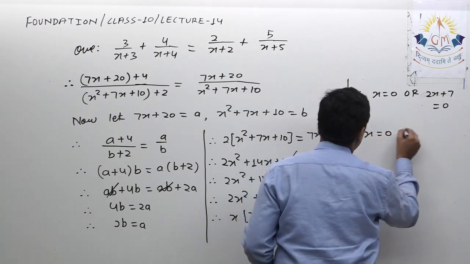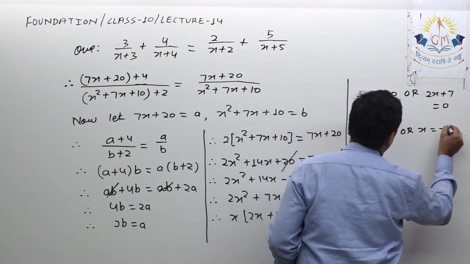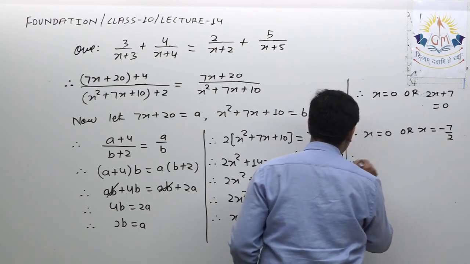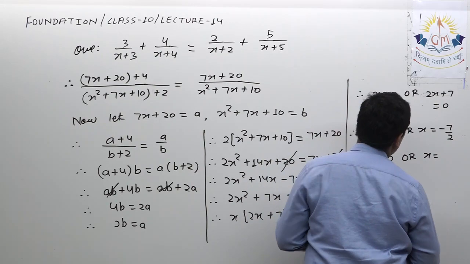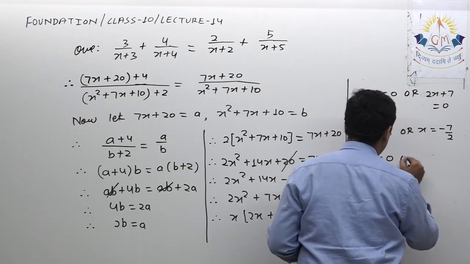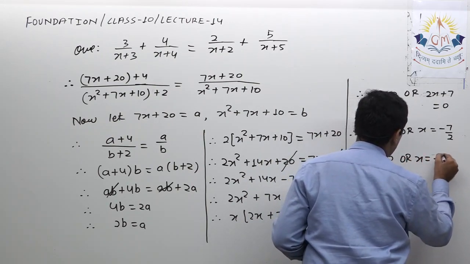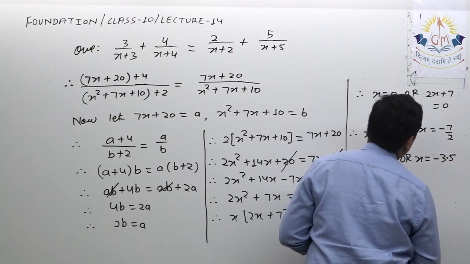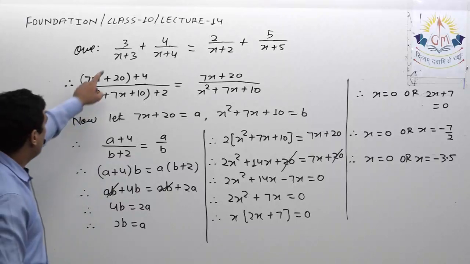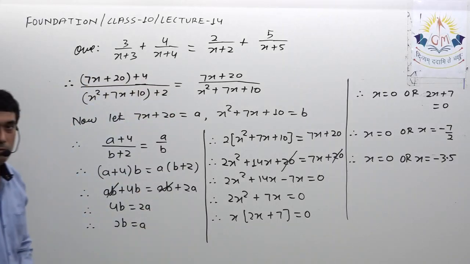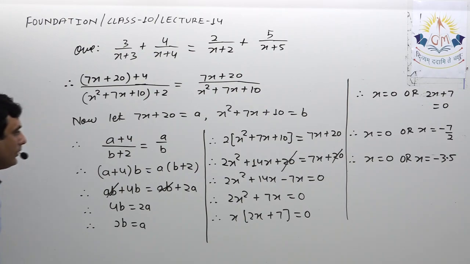Therefore x equal to 0 or x equal to minus 7 by 2, that is x equal to 0 or x equal to minus 3.5. Now definitely we will check whether these values satisfy the given equation or not. But first of all, note it down, then we'll see the further solution.